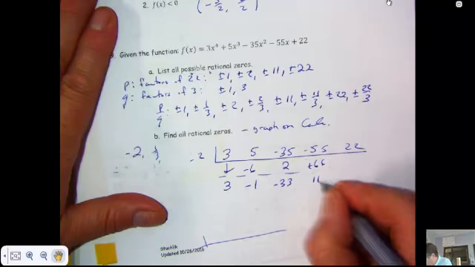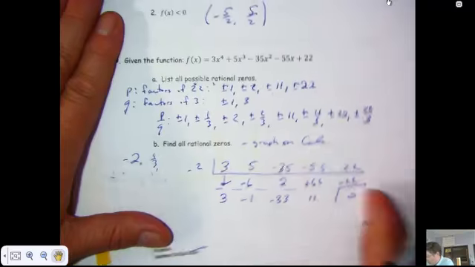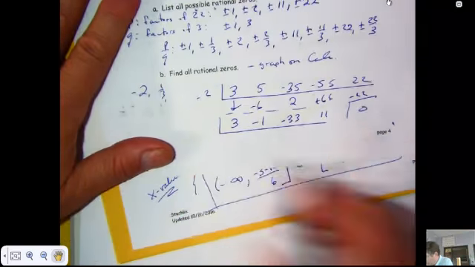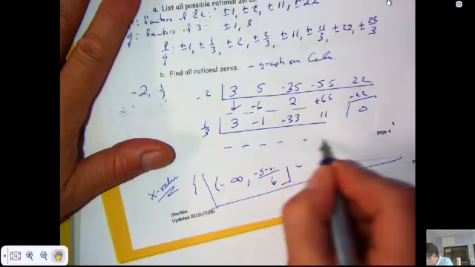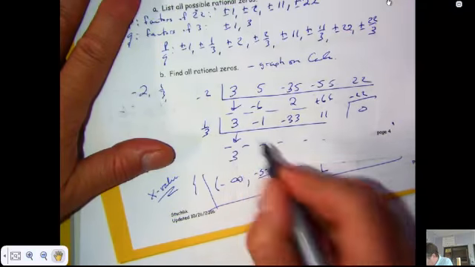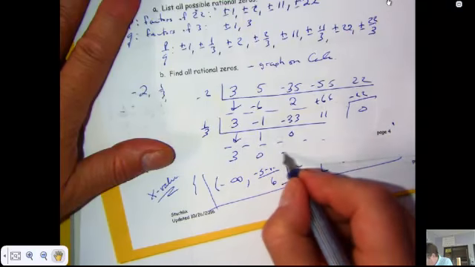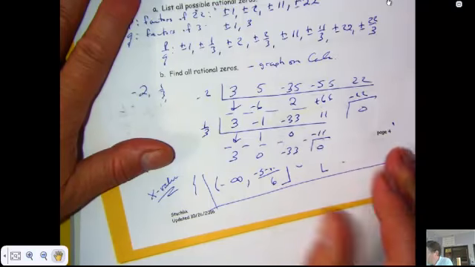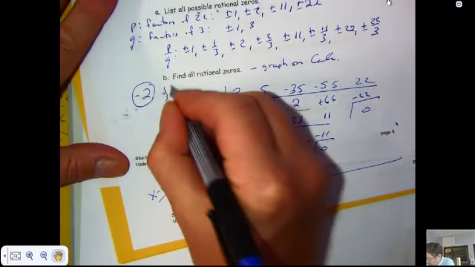That's going to be 11. So that does work. So should we try a third next? Okay, let's try a third. It works too. 3, 1, 0, 0. Oh, it does work. Okay, so we found 2 of them.